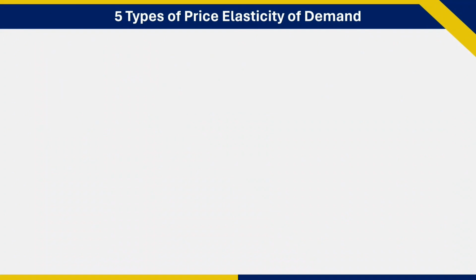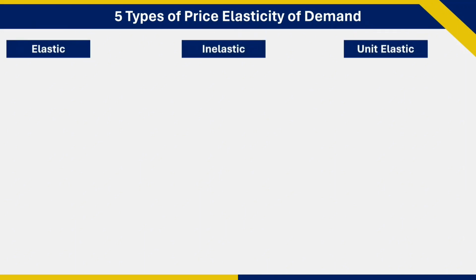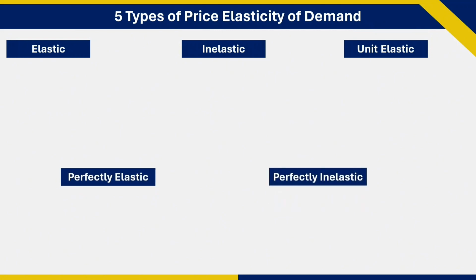Let's take a deeper look by exploring the types of price elasticity of demand. Price elasticity can be of five types: elastic, inelastic, unit elastic, perfectly elastic, and perfectly inelastic. Let's find out one by one. The first demand curve shows that when price increases by 10%, the quantity demanded decreases by 12%.